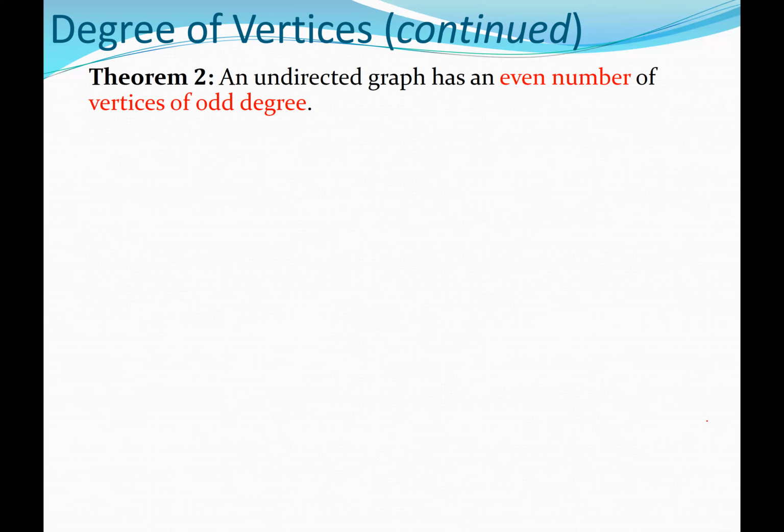Let's say you can have a graph with 4 vertices of odd degree. You cannot have a graph with 3 vertices of odd degree, right? So it has to be an even number of vertices of odd degree.